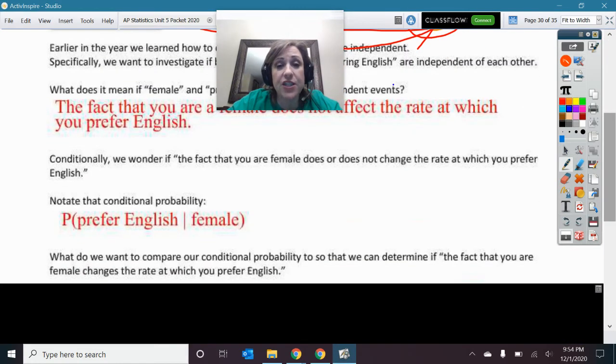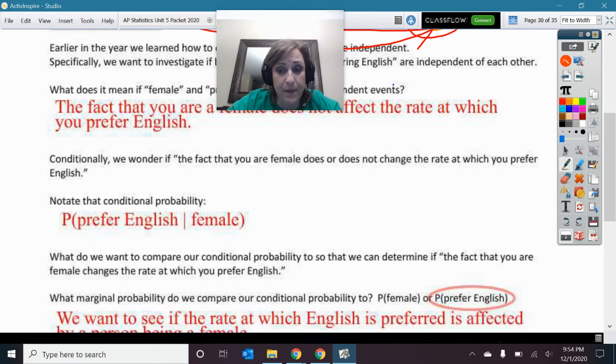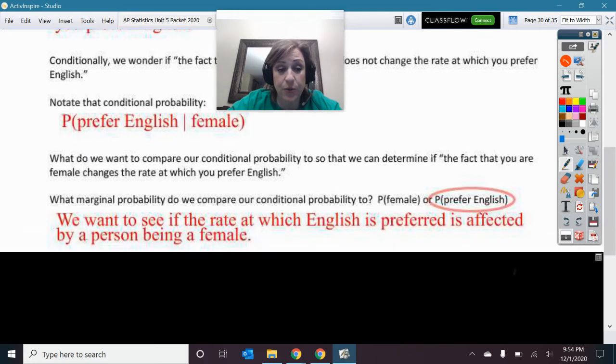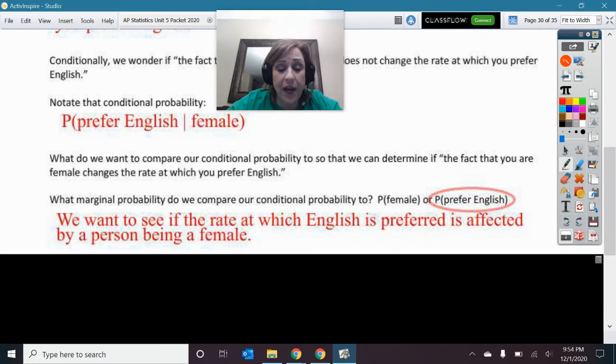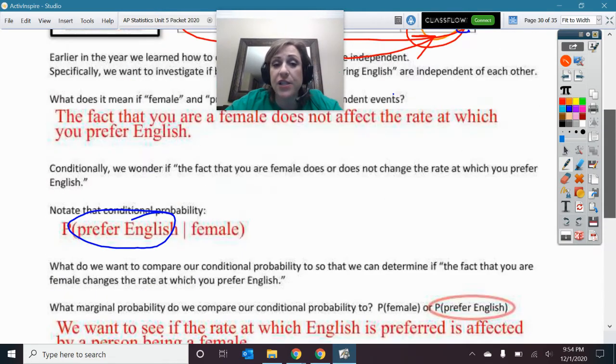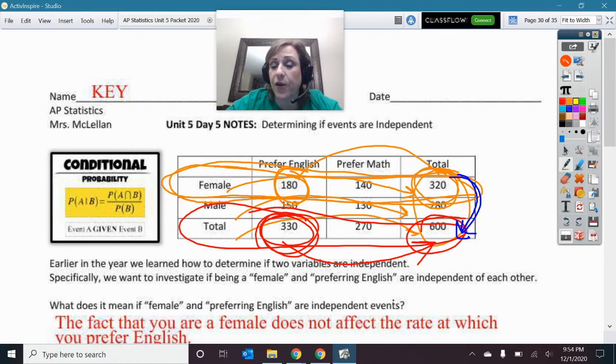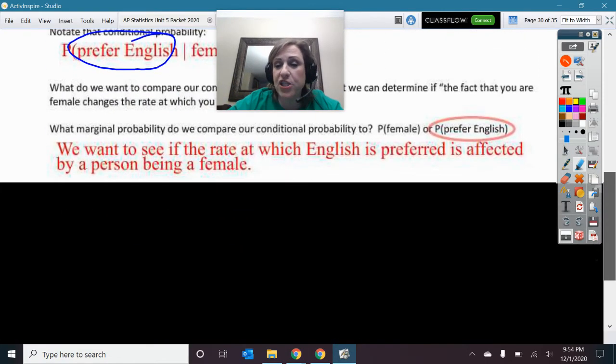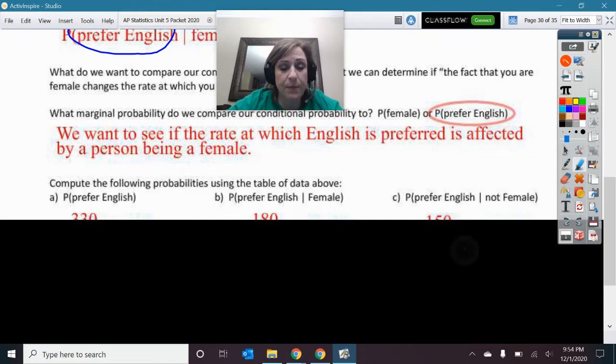Overall preferring English or overall being a female? So hopefully it makes sense to you that we want to compare that to the overall rate at which you prefer English. So that's why we were comparing this conditional probability to this marginal probability. All right, and remember, if those were within 1% of each other, then we said they were independent.